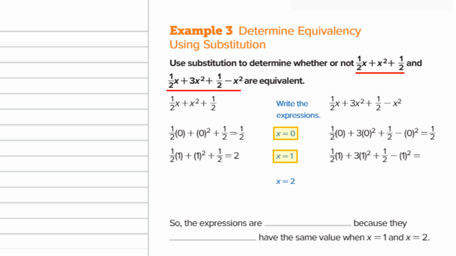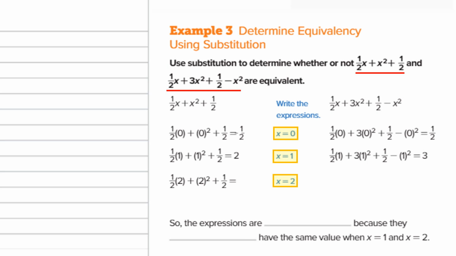So 3 times 1 is going to be 3, plus 1/2. So now we're up to 4, and then we're going to subtract 1 times 1, which is 1, and that gives me 3. Huh, that one didn't work.